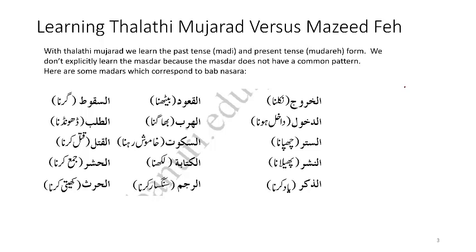The reason we did not try to explicitly learn the action is that the pattern for the action varies from word to word. Let me explain what I mean. If we simply take nasara yansuru, this is one bab, and there are obviously many verbs that follow this pattern: kharaja yakhruju, qa'ada yaqudu, saqata yasqutu.